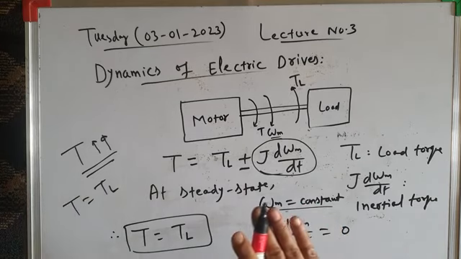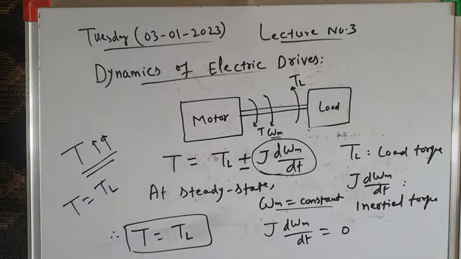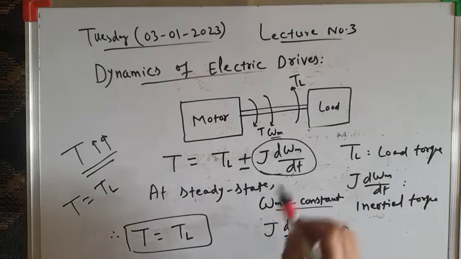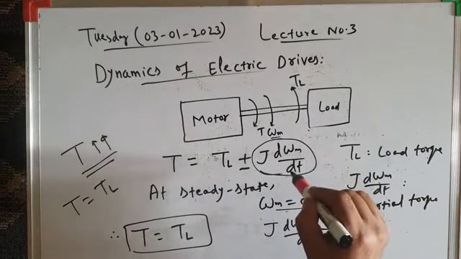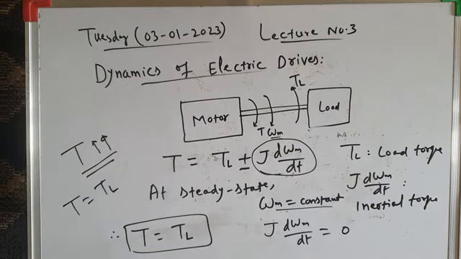It will decelerate slowly, depending upon the moment of inertia of the load, and finally it will come to a standstill. Now if you want to brake the motor quickly, then this braking torque should be very, very large, because this inertial torque is helping the motor in running in the same direction at the same speed. So you have to apply a large braking torque.